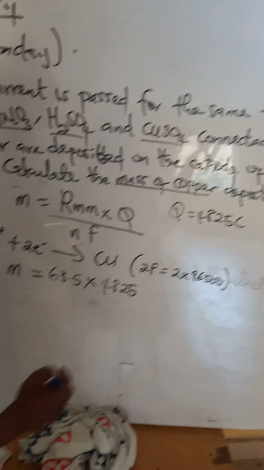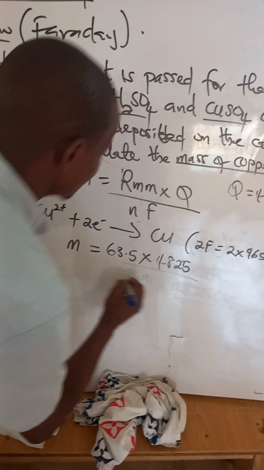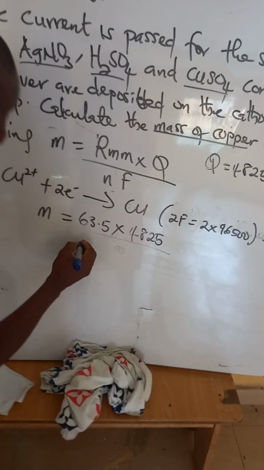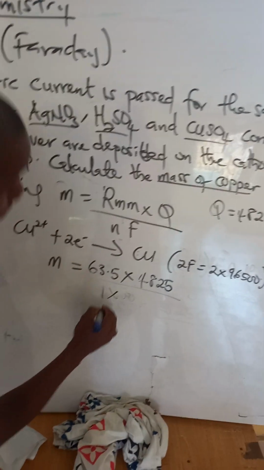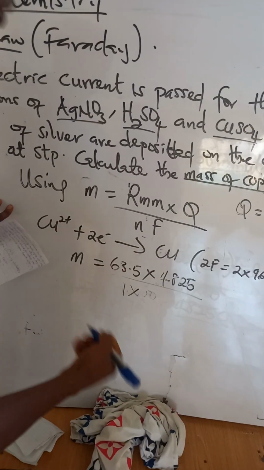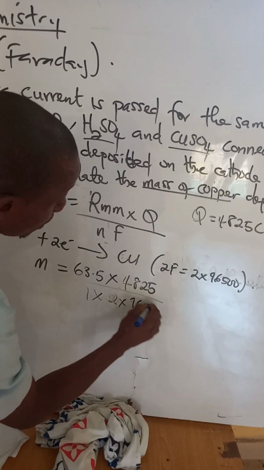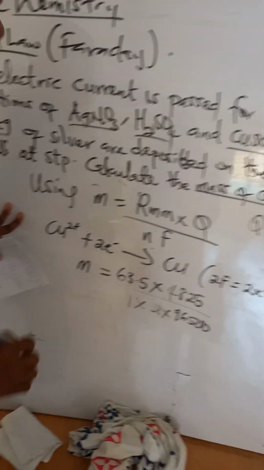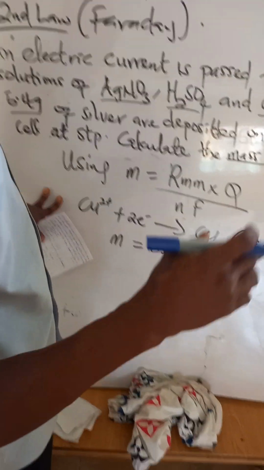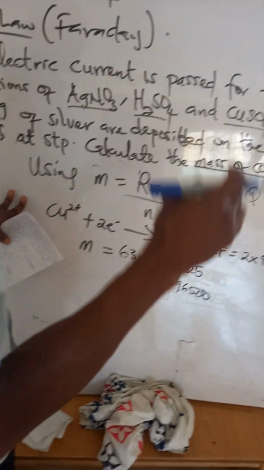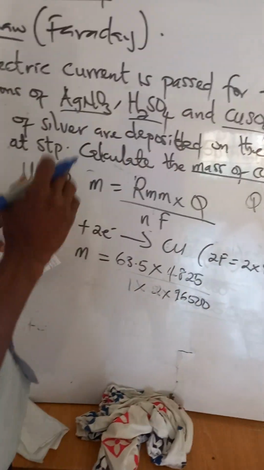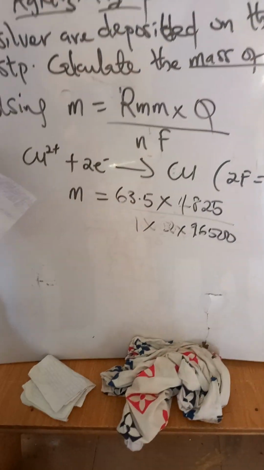So divided by N, which is 1 mole of copper deposited, 1 multiplied by 2 Faraday, that is 2 times 96500. So we must be able to write the cathodic equation to know the number of Faradays needed for any calculation.